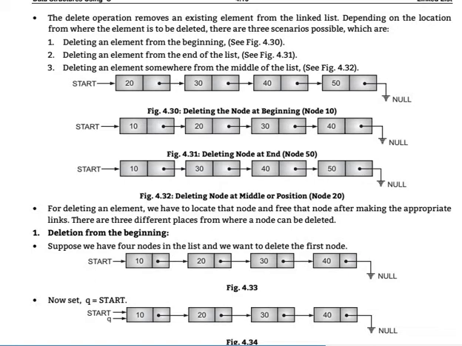First, deleting an element from the beginning, that's shown in figure 4.30. In the original list 5 nodes are there: 10, 20, 30, 40, 50. In that, the first element is removed, and the list will be shown like this.